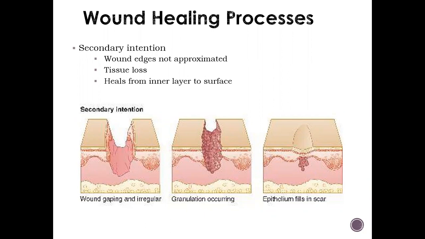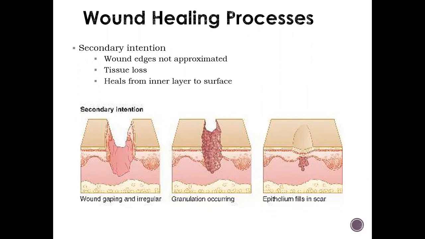Because the wound is left open, it heals from the inner layer to the surface by filling in with a beefy red granulation tissue. Granulation tissue is a form of connective tissue with an abundant blood supply, giving it that beefy red appearance. Wounds that heal by secondary intention, again, will heal more slowly. These are more prone to infection, and they develop more scar tissue.